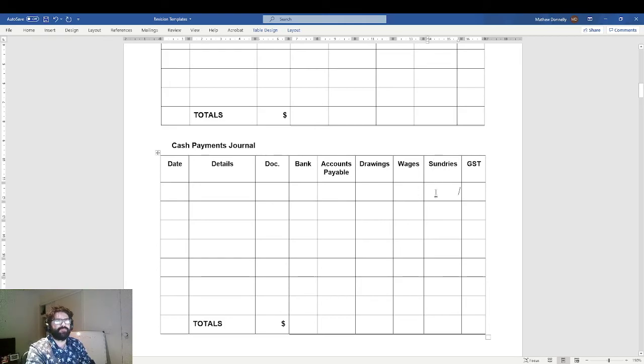Stuff that we'd consider as sundries would be if we bought something like a car on cash, because there's no subheading here. Likewise, we would be adding the subtotal, so everything of accounts payable plus drawings plus wages plus sundries plus GST, add it all together, total will go in the bank. You add these columns down, you get your final answer here, and if we do all the subtotals, we'll get a final answer for bank.